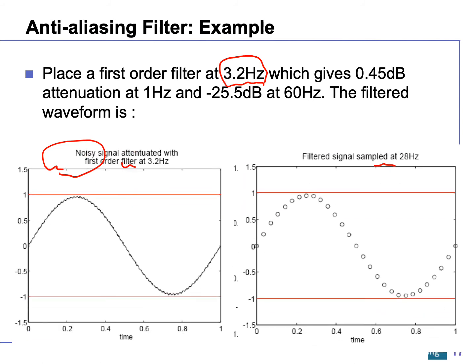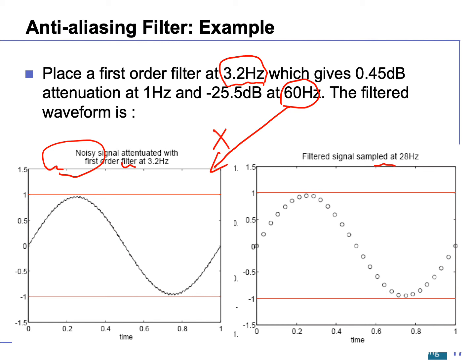After the filtering, the signal becomes very clean, like this. And we do the sampling, and the samples look like a sine wave as well. So in this way, the 60 Hertz signal over here is already gotten rid of, so that doesn't exist.